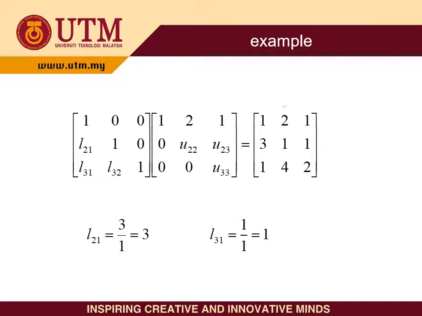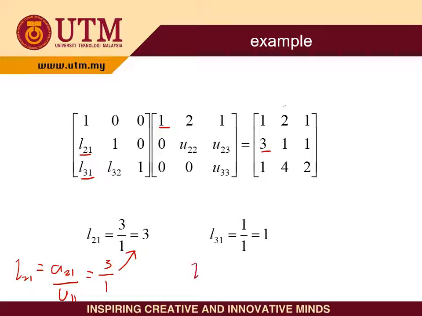Now I want to find L21 and L31. For L21, the equation will be A21, divided by, look back to the equation please, A21 divided by U11. So you will have L21. U11 is 1, so 3 divided by 1. So you get 3.